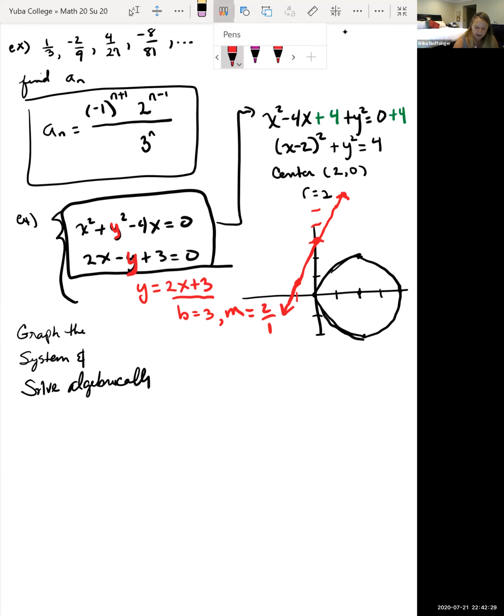So let's go back and rewrite the first equation using that substitution. So we have x squared plus, wherever we see a y, we're going to rewrite that with 2x plus 3. So put parentheses, that quantity squared minus 4x equals 0.